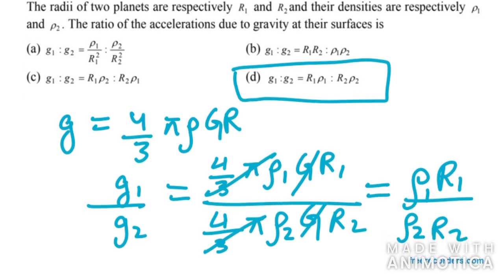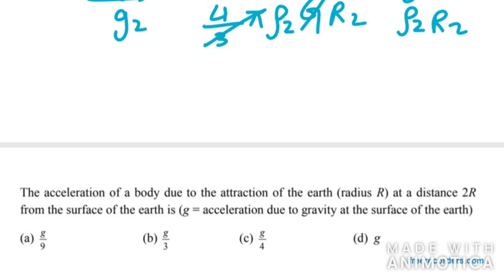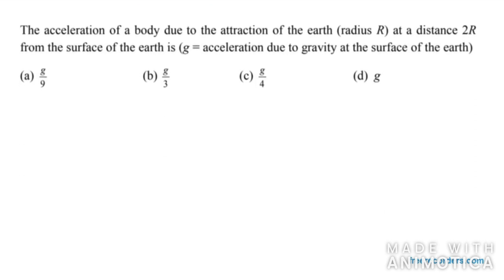Let's move on to the next one. The acceleration of a body due to the attraction of the Earth at a distance 2R from the surface of the Earth is g dash, and g is the acceleration due to gravity at the surface of the Earth. So we need to find g dash over g.